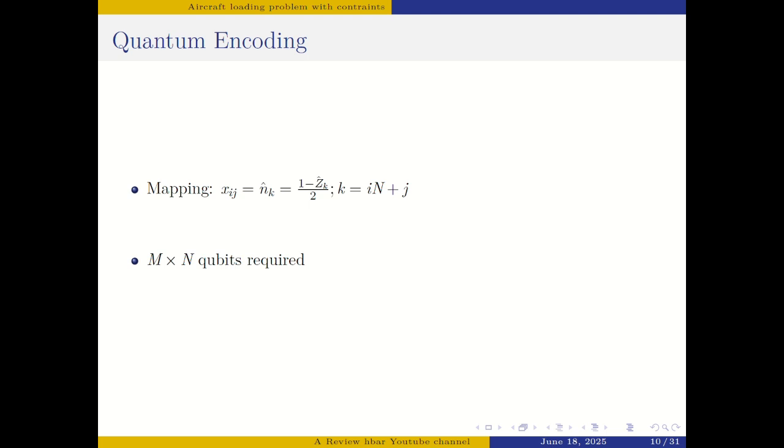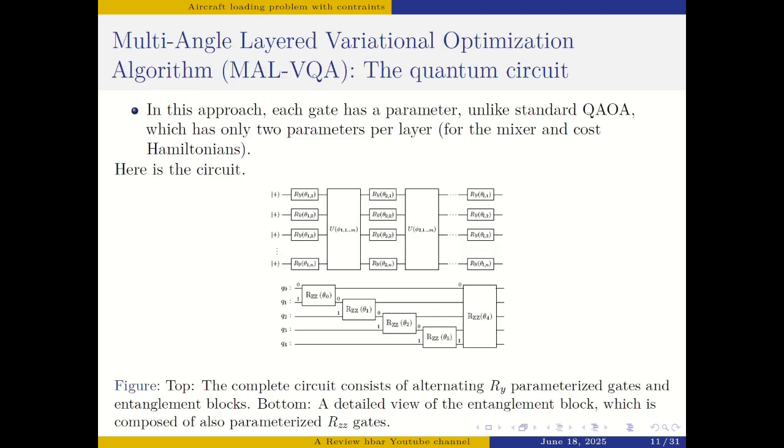Now let's see how the quantum secret is made. To build the ansatz, the author used a multi-angle layered variational quantum algorithm, or MALVQA. In this approach, each layer consists of two parts.